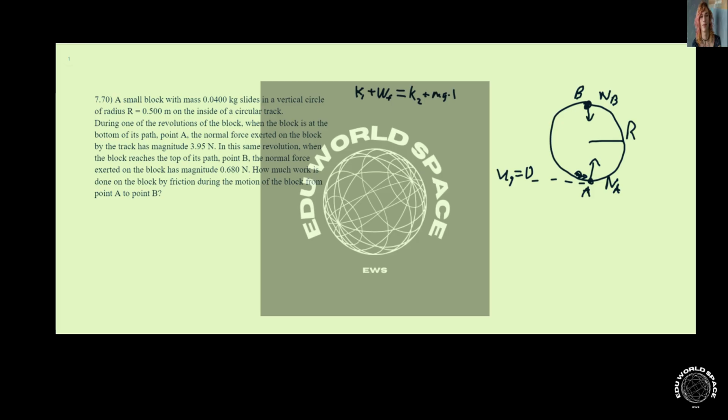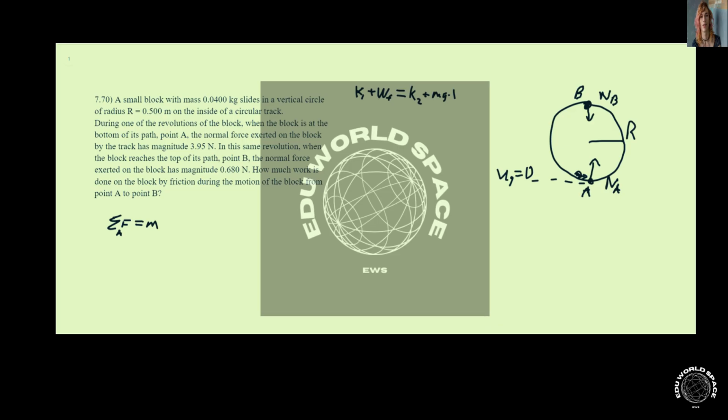Okay, so I need to find K1 and K2 in order to find the work due to friction. To do that, I'm going to set up the sum of forces acting on the block at their respective points to find the accelerations at each of those points, and that will get me to the kinetic energy at those points too. I'll show you how. The sum of forces at point A is equal to mass times acceleration at that point.